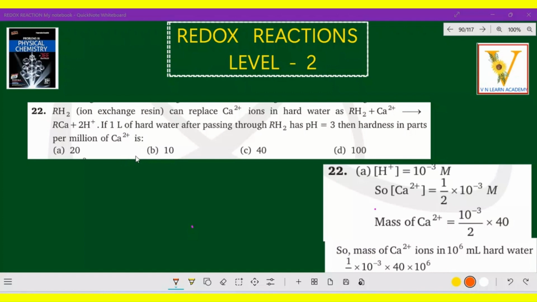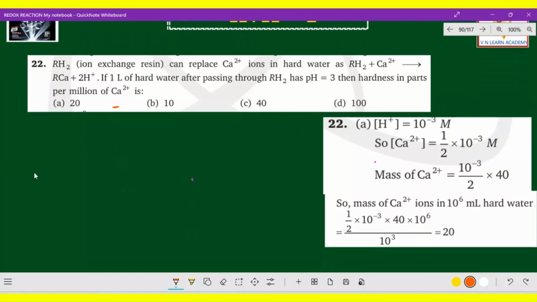Now, this is an ion exchange process. I will write the equation so that you will understand very clearly. RH2 plus Ca2+ gives RCa plus 2H+.